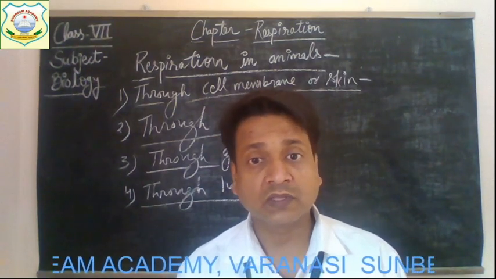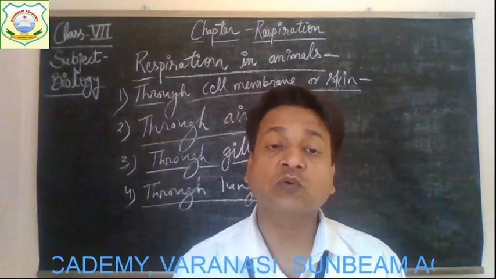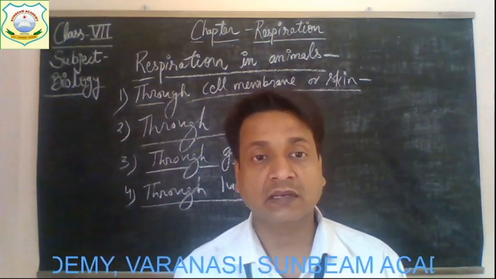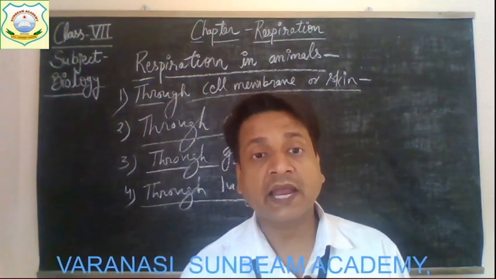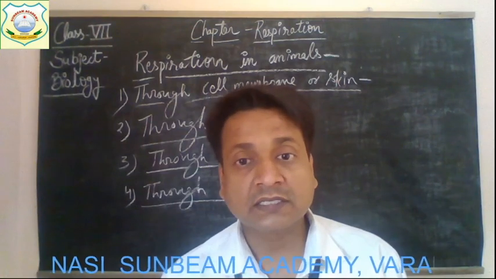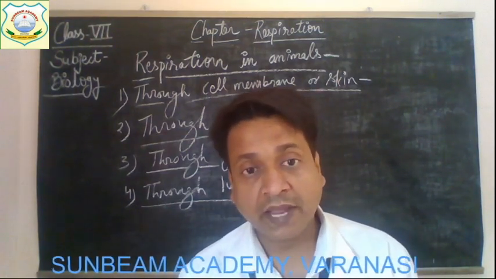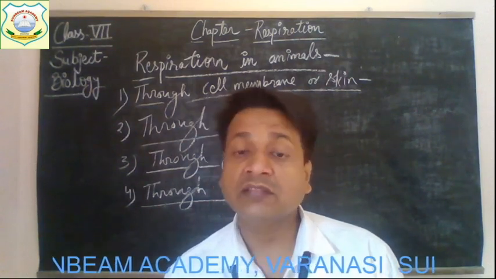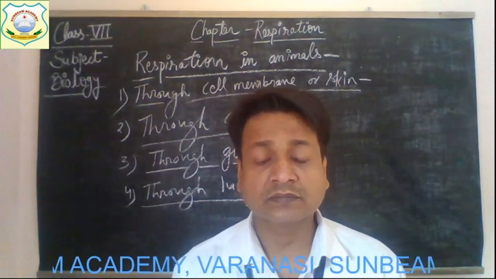Alright, children. Though the frogs have lungs, they can also breathe through their moist skin, just like the earthworms. Okay, so you can say that the frogs breathe by gills when they are at the tadpole stage, they respire through the lungs, and they also exchange the gases through their moist skin.